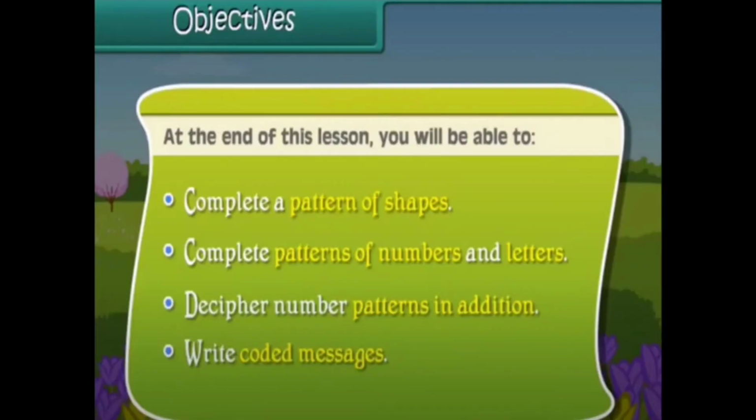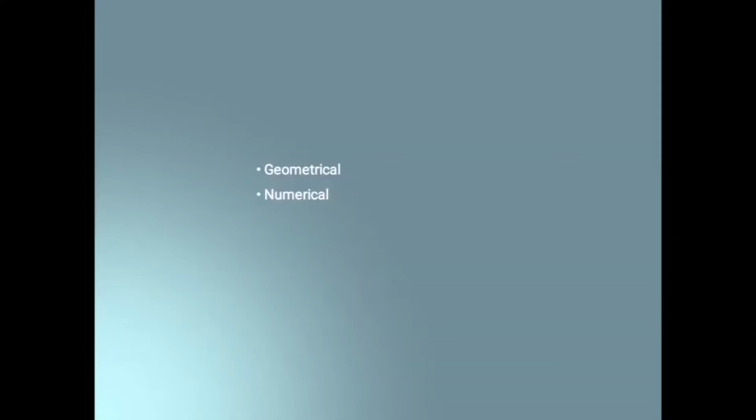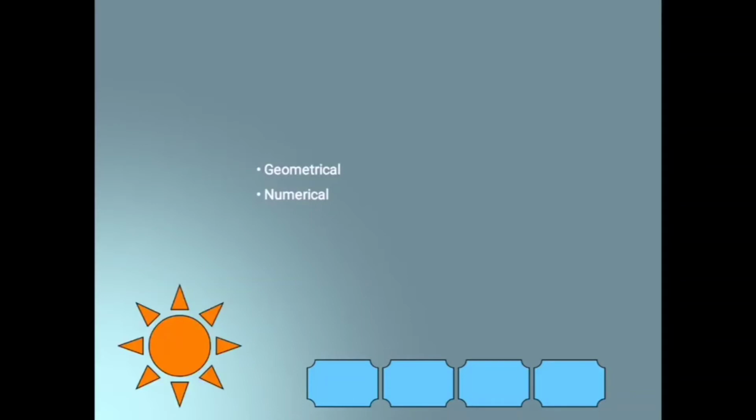Now see, complete a pattern of shapes, complete a pattern of numbers and letters, decipher number patterns in addition, write coded messages. Patterns are in geometrical shapes or numerical shapes. Now look here, there are different types of shapes. Some are numerical and some are geometrical.